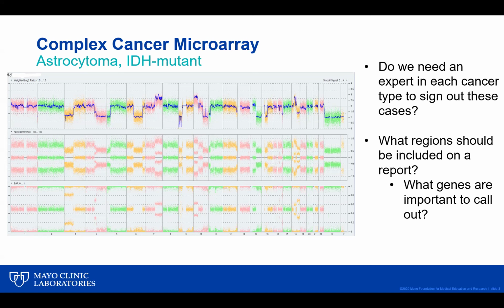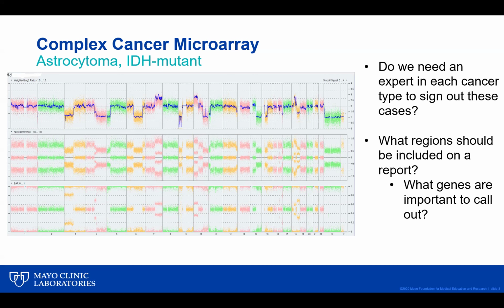Or could we make some resources so that not everybody had to necessarily be the primary content expert in order to make sure and be certain that we called out all of the important regions and genes in that cancer type?